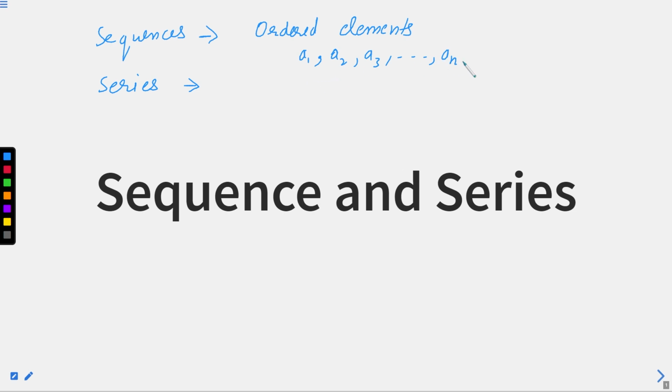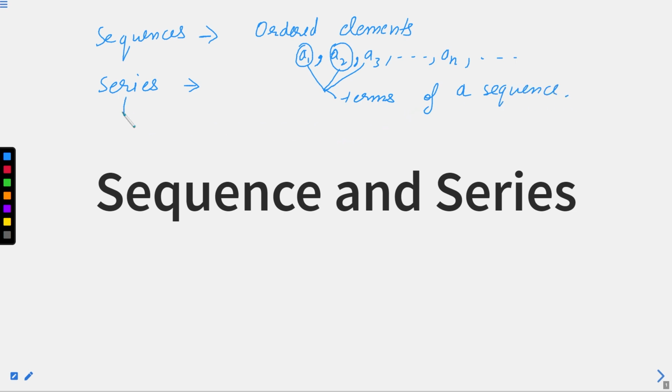If it is infinite, then it goes on forever. So, finite and infinite sequences. Now the individual elements separated by commas are called the terms of a sequence.